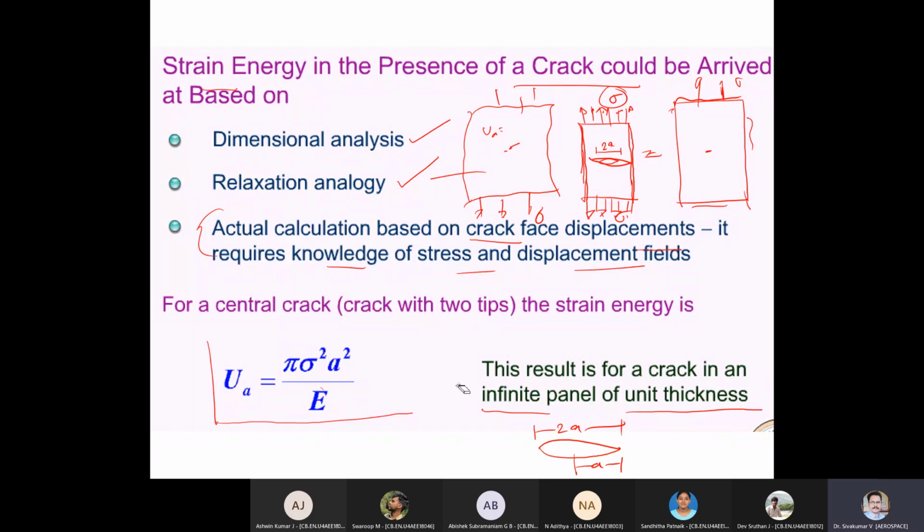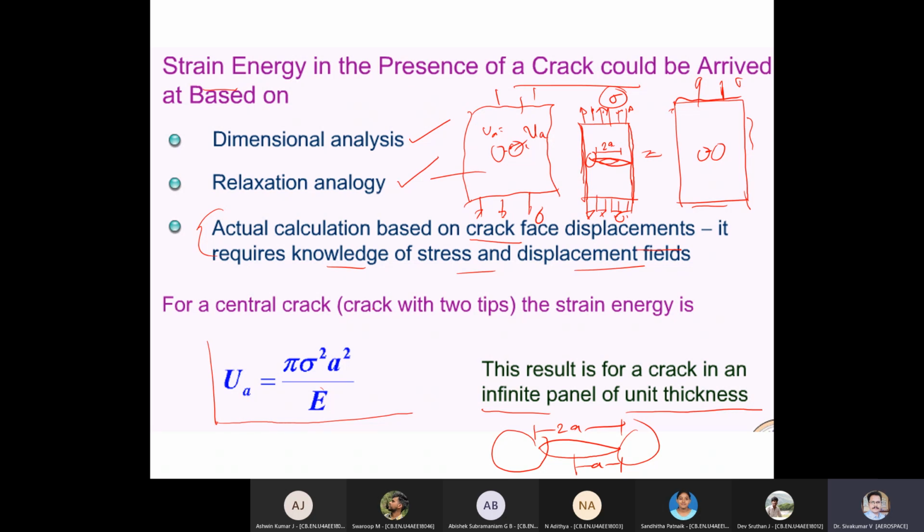When the plate of unit thickness is subjected with the sigma far away from that, you will get energy everywhere, but the maximum energy you will get in the vicinity of the crack two edges, because the crack has two edges, tips, isn't it? This zone and this zone, in this figure, this zone. So here definitely you will get more U_A.